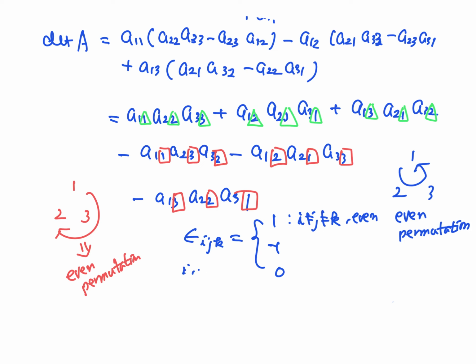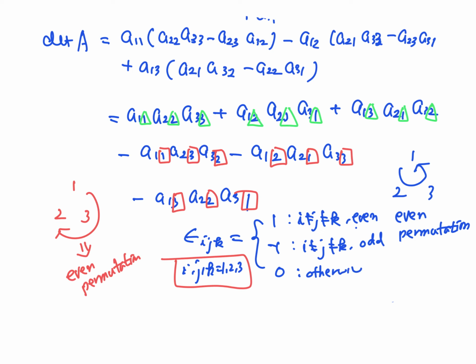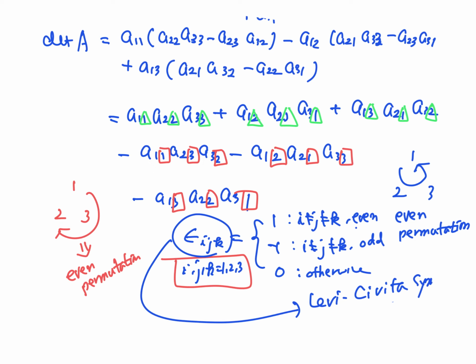Of course, i, j, k is 1 to 3. This has a particular name, called the Levi-Civita symbol.